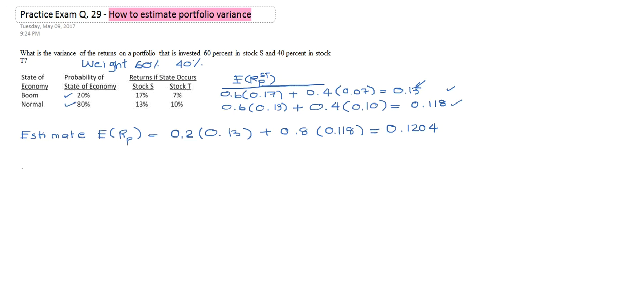Once we get the expected portfolio return for all states of the economy, we can move to the next step, which is how to find the variance. Let me start by writing down the information you have above again.